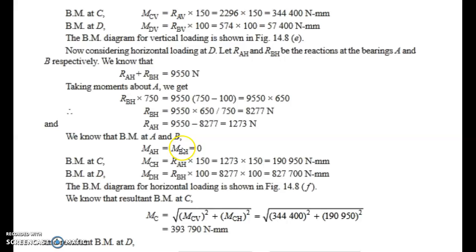At points A and B, there is no bending moment because there is a bearing. Next, at point C, we can calculate using RAH, H for horizontal, into 150, that is the perpendicular distance. Then we will get the bending moment at point C. Then at point D, we can calculate using RBH into the perpendicular distance. Then we will get the bending moment at D also.